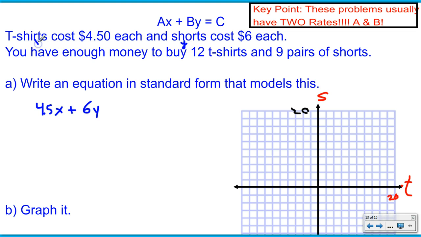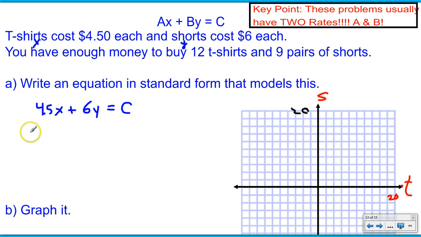So shorts are Y, I'm going to note it up here. T-shirts are X, okay? And we have enough money to buy 12 t-shirts and 9 pairs of shorts. Interesting. So once we buy t-shirts and shorts, we're going to have some total, which we could call C, right? That's the total cost. So to find how much money we have, we can use this known ordered pair, right?